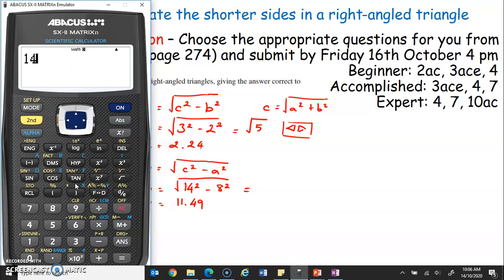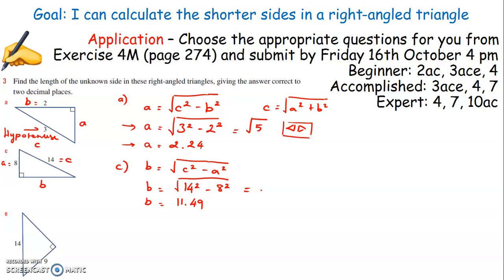So 14 squared minus 8 squared is 132. So your calculator may give you an answer like this, the square root of 132. Again, these two answers have the same value, even though they look different. So what you have to do is change this into a decimal, and you do that by pressing this button here.